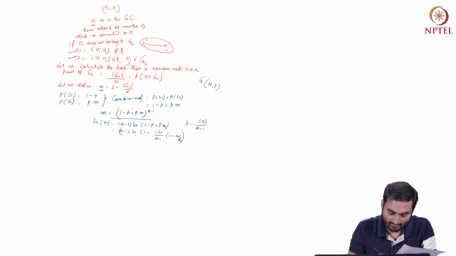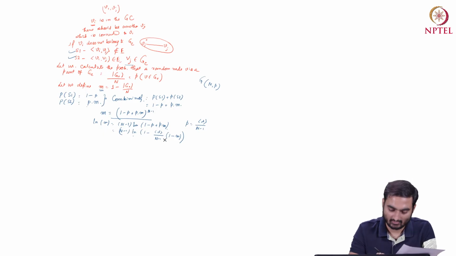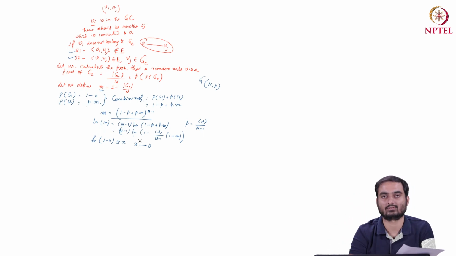This is basically ln of 1 plus x. We can approximate it as x when x tends to 0, if you remember the log curve. As x tends to 0, ln of 1 plus x is basically the same as x.